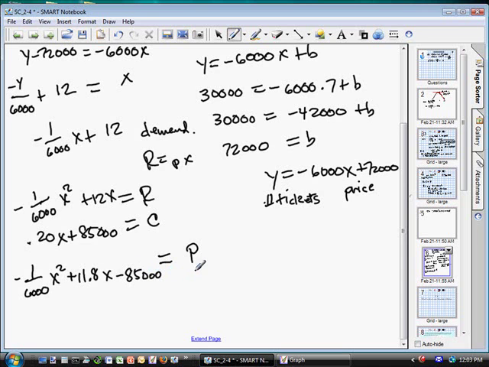Okay, last step, I think. You wanted marginal profit? So what do you do? If that's profit, how do you find marginal profit? Well, this is P of x. You need P prime of x. So now differentiate. It's negative 2 over 6,000, which is what? Negative 1 over 3,000?